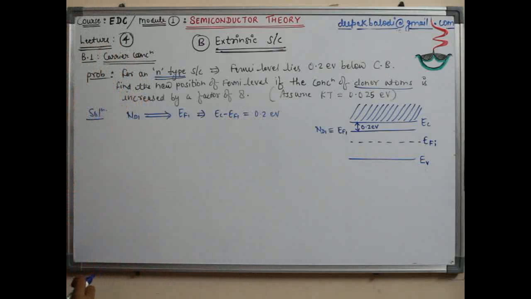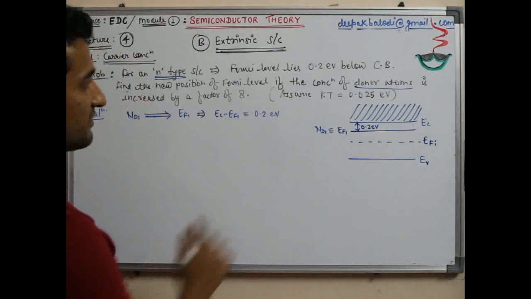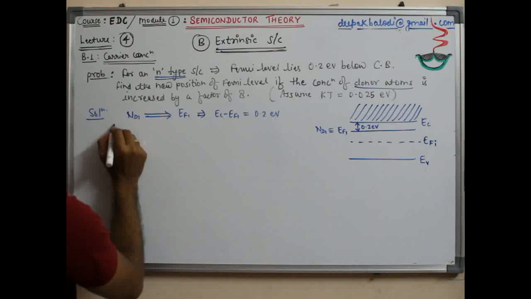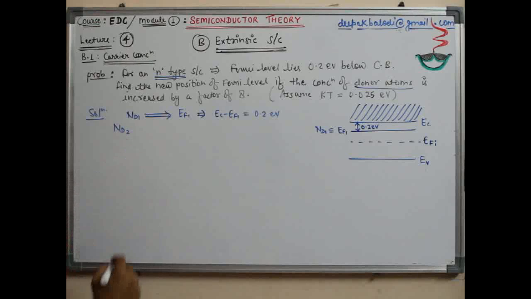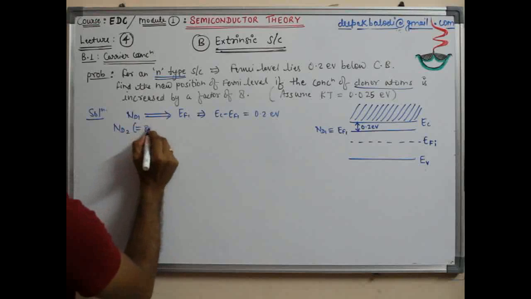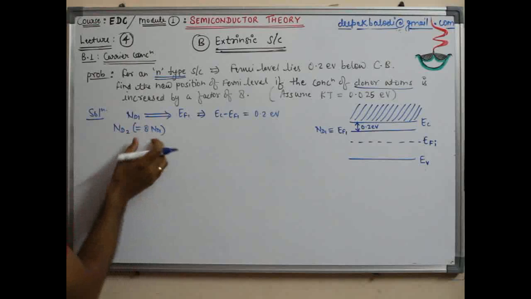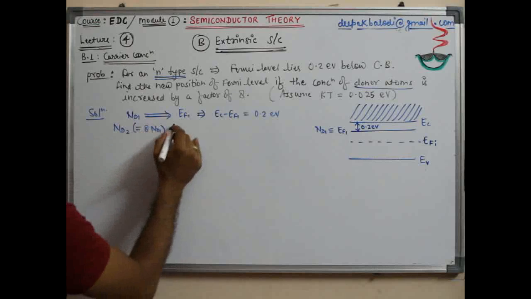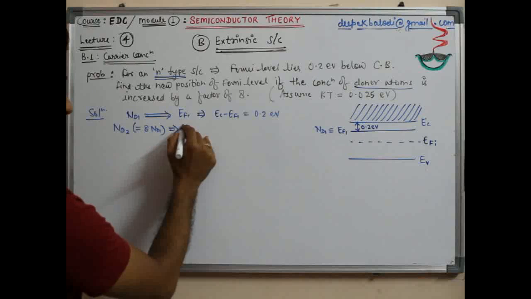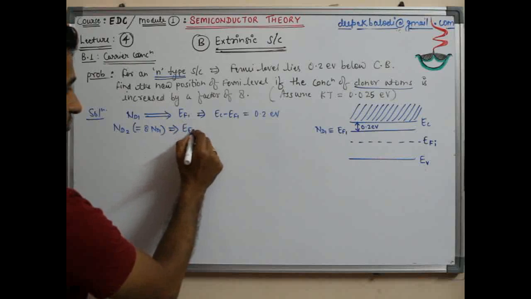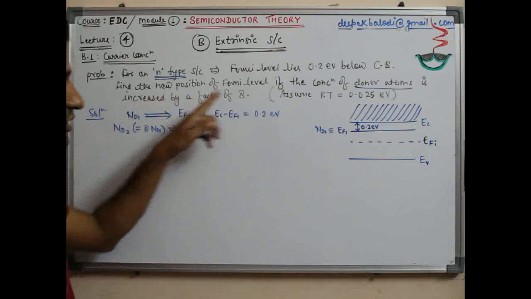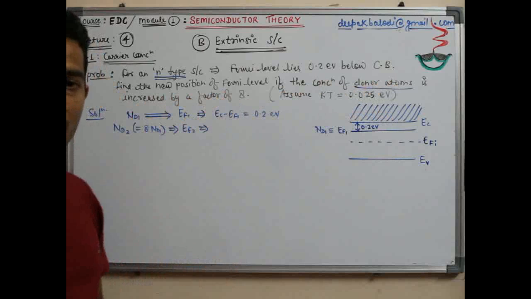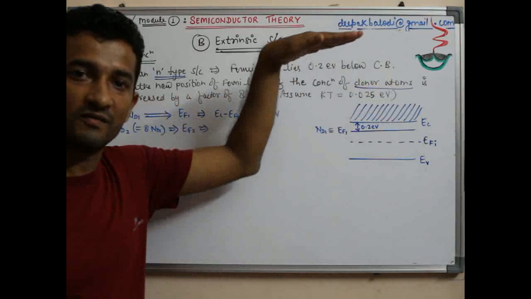Then it is said that the concentration of donor atoms is increased by a factor of 8. So if I have a second concentration, which equals 8 times ND1, let's say ND1 goes to ND2, then EF1 goes to EF2. Because we are increasing the donor atoms by a factor of 8, we should expect a further upward shift of the Fermi level.